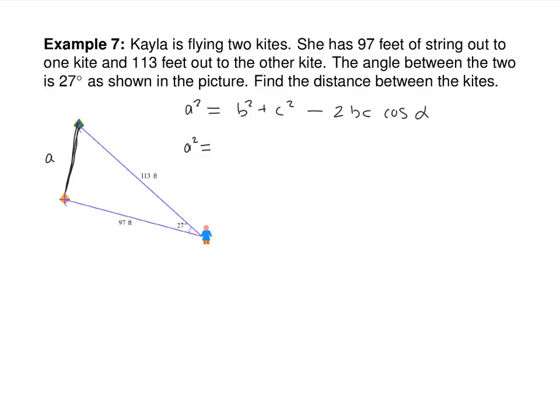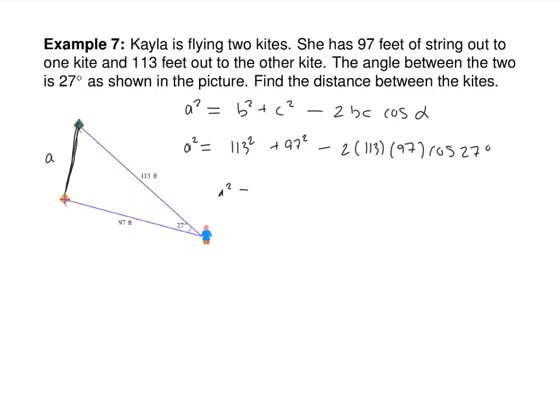So that will equal, doesn't matter who, 113 squared plus 97 squared minus 2 times 113 times 97 times cosine of 27. This is one of those cases where the word problems are better than the non-word problems.